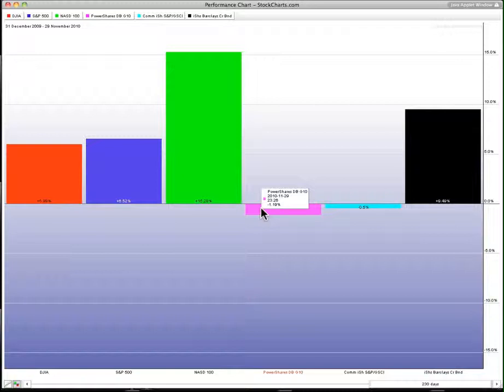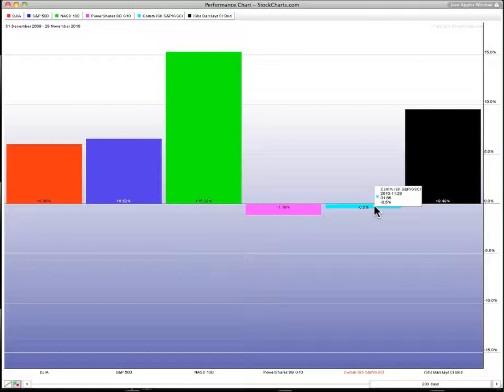For commodities, the benchmark used is GSG, the iShares Global Commodity Exchange Traded Fund, which tracks 24 different commodities across energy, agriculture, industrial metals, livestock, and precious metals.